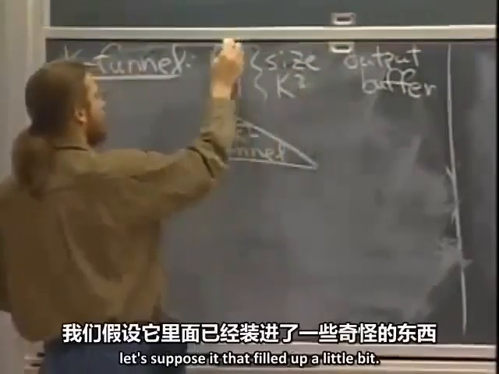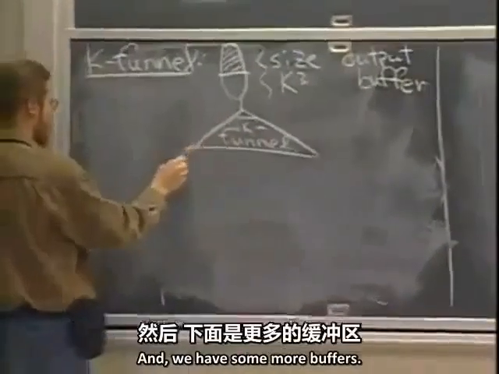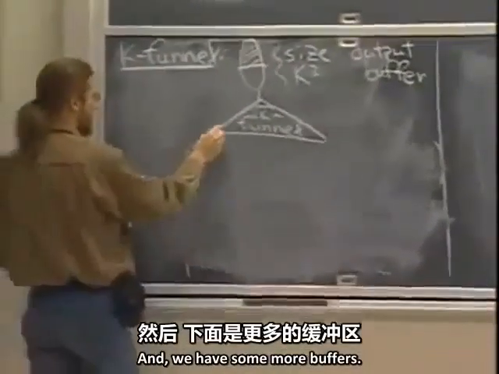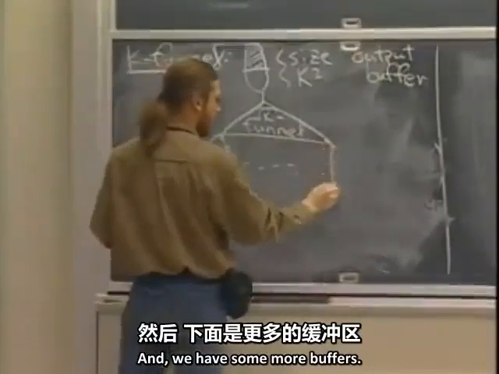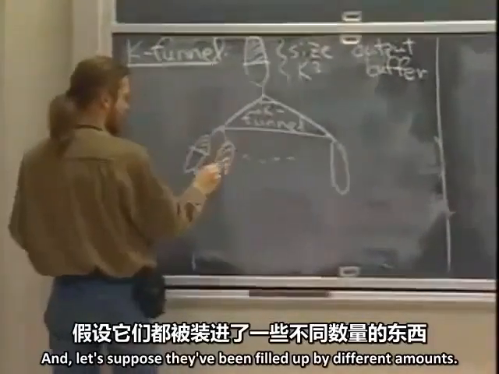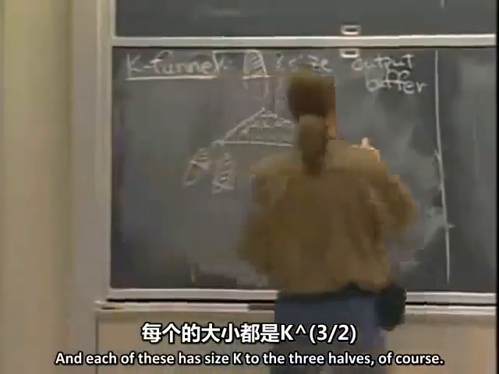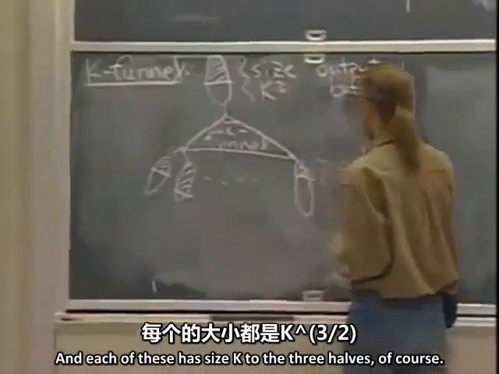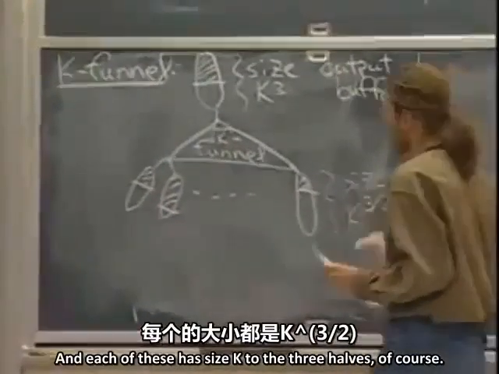And just for kicks, let's suppose it's been filled up a little bit. Then we have some more buffers, and let's suppose they've been filled up by different amounts. Each of these has size k to the 3/2, of course.